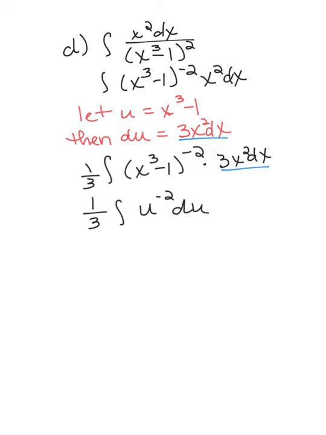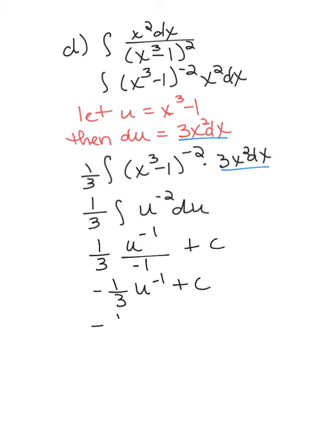Now that we have just a term to a power, we're going to keep the 1/3 out front. We're going to add 1. -2 plus 1 puts us at -1. Put that over a -1 plus c. Well, that over the -1 only has the effect of making the sign change. So we've got -1/3 u to the -1 plus c. We can't leave our problem with a u in it.